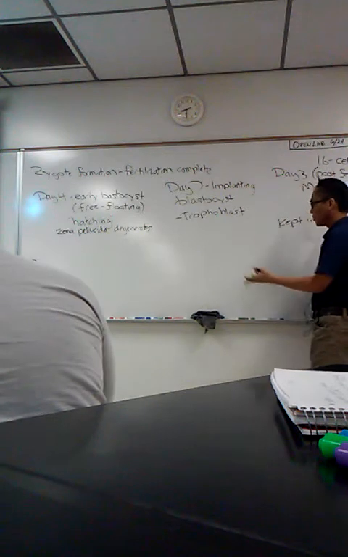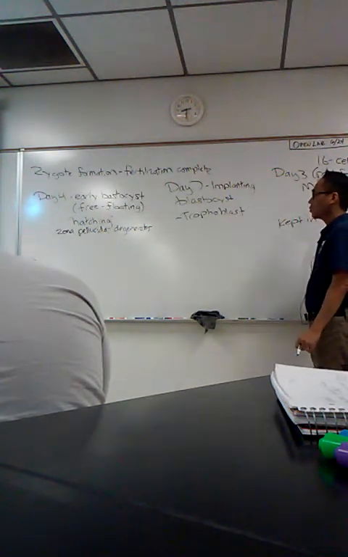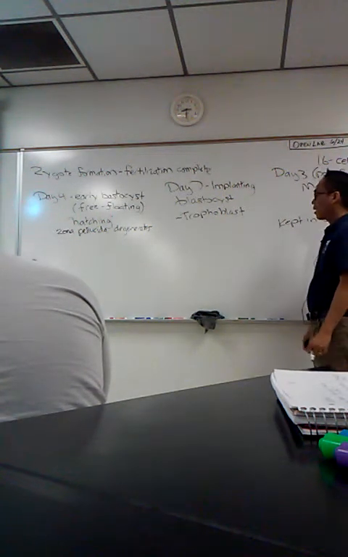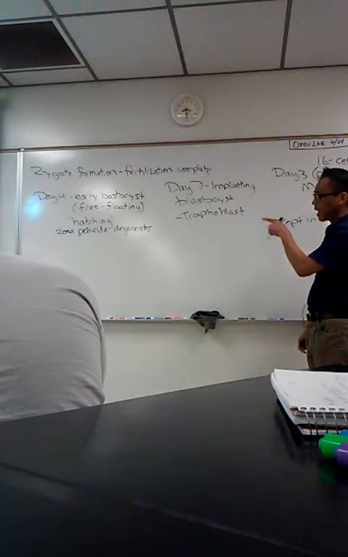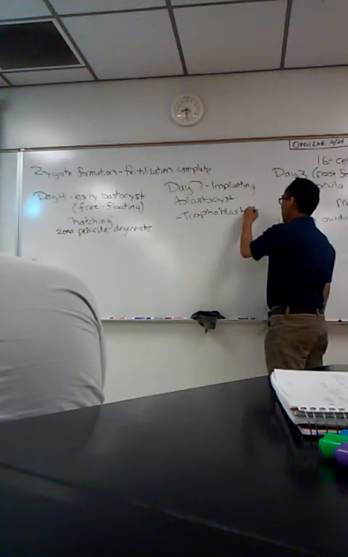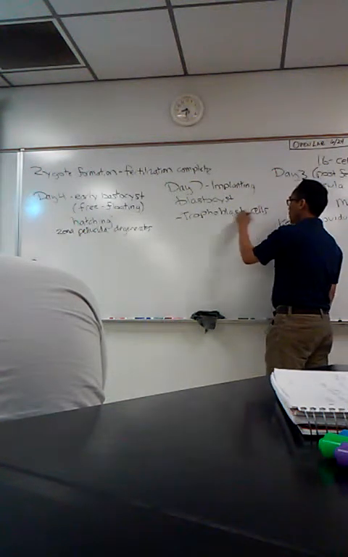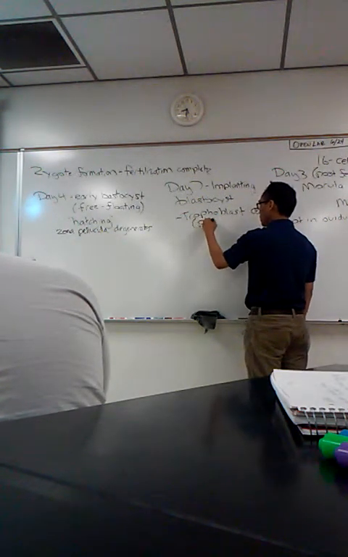Trophoblast is a term that means nourishment generator. This won't become the placenta, as we'll see. For now, just note this outer layer, the trophoblast cells, it's a prelude to placenta.